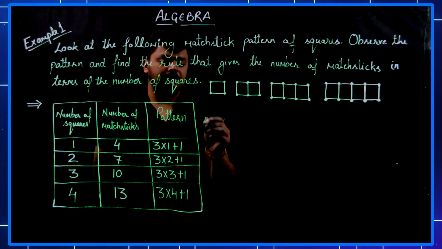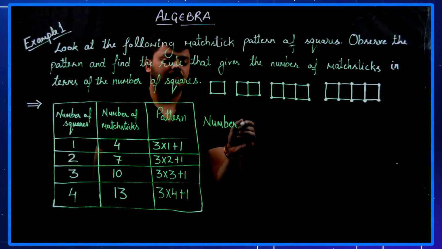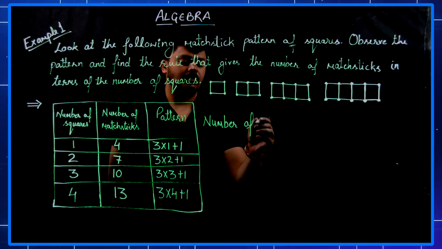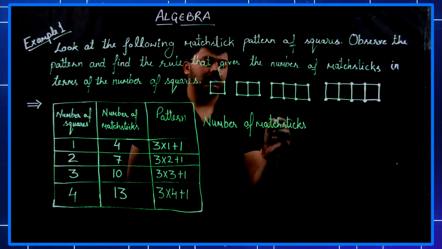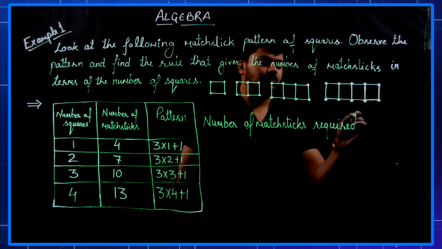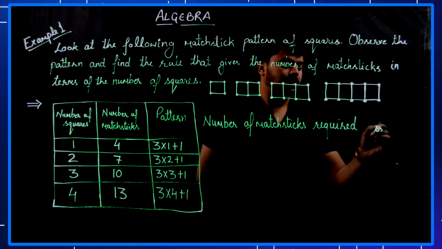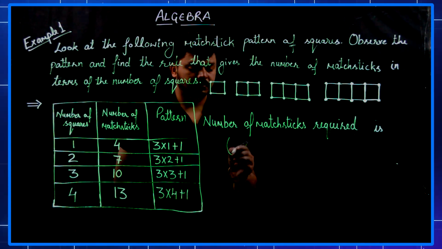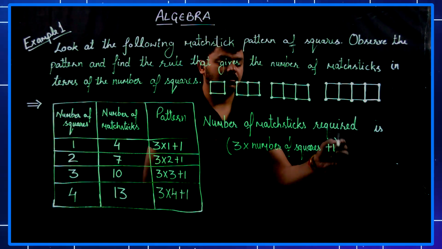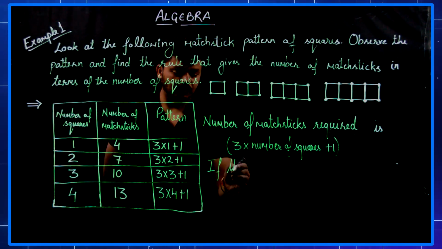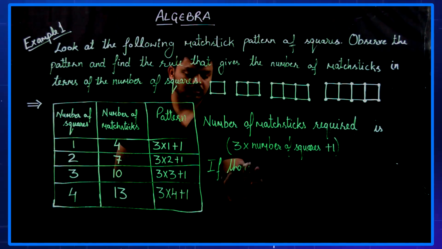So we can say the number of matchsticks required is 3 multiplied by the number of squares plus 1.